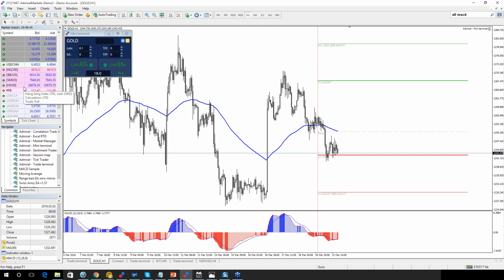It should be PPLT or PALL. So you see, I don't see platinum here. The ticker symbol is PPLT or PALL. That is for platinum. I don't trade platinum, and I don't see it here.